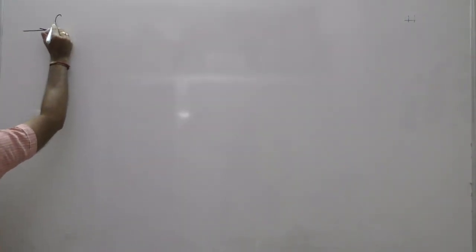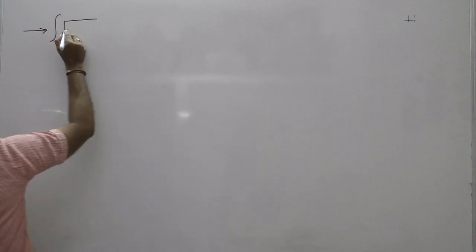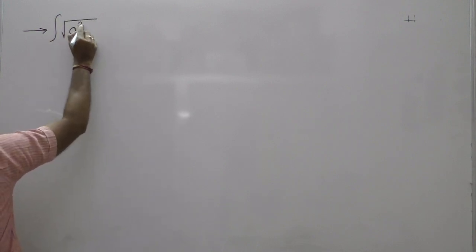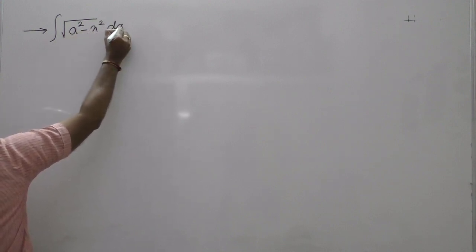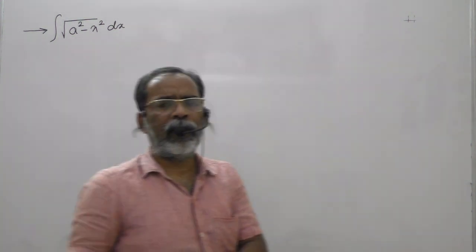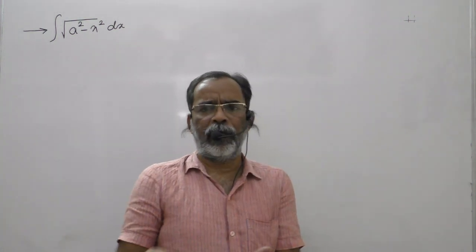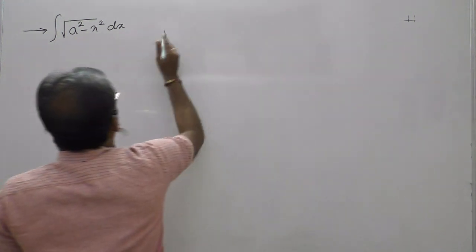What is the next one? Integral of root over a square minus x square into dx. All the 9 are in terms of a square and x square only with different combinations. Let us see. It is in the numerator.